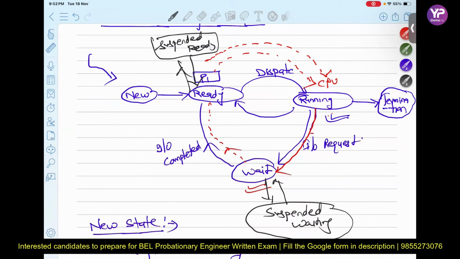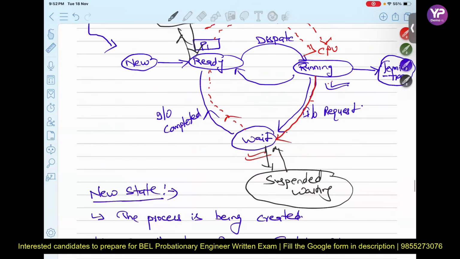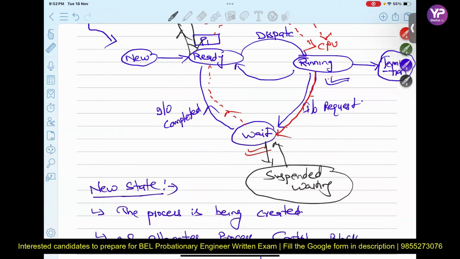Can you tell me? It is used to reduce the load on the waiting state. Because if a lot of processes are going to waiting and the resources are not available, then they have to move to suspended waiting, my dear students. And from suspended waiting, at some point when some processes complete their IO task, they move from suspended waiting to the waiting state.